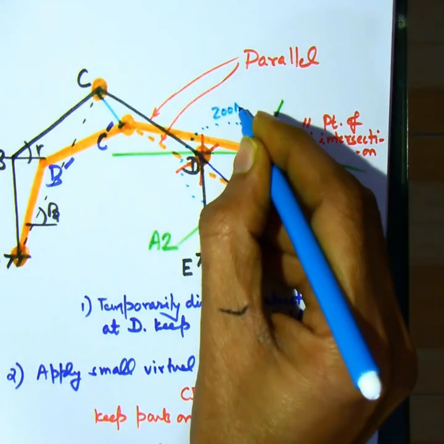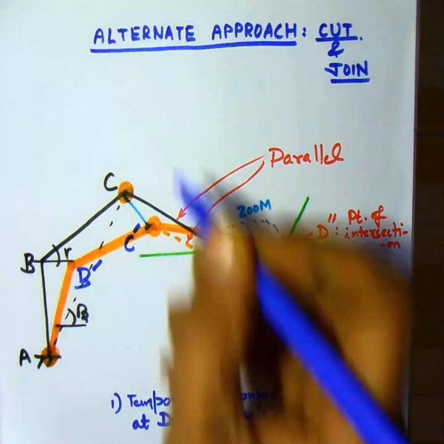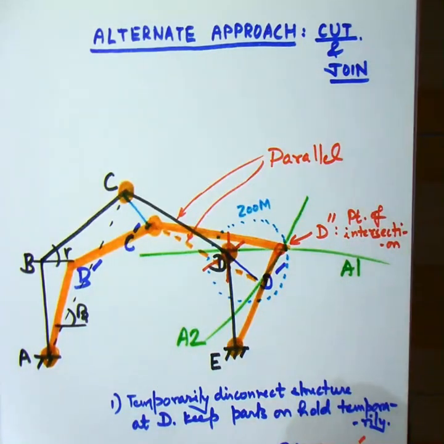Let us now zoom into this particular triangle D, D dash, D double dash to find out the relationship between the various displacements and the rotations.